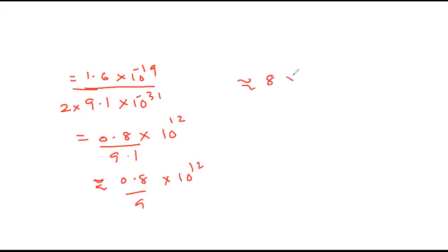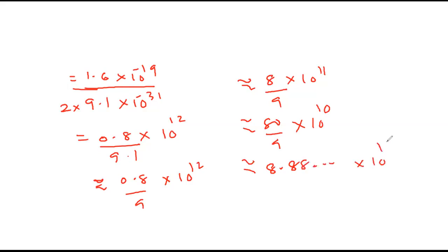So this is 8 into 10 raised to 11 upon 9. You can write 80 upon 9 into 10 raised to 10. 9 8s are 72, 8 recurring. So we can write 8.89 into 10 raised to 10 coulomb per kg. If they only ask show that e by m, stop there, and if they ask show that the value is this much, you have to proceed ahead.